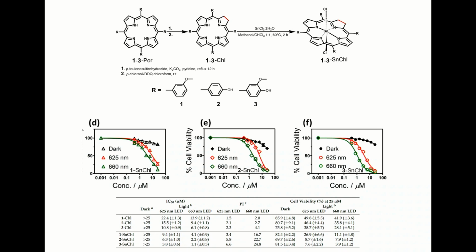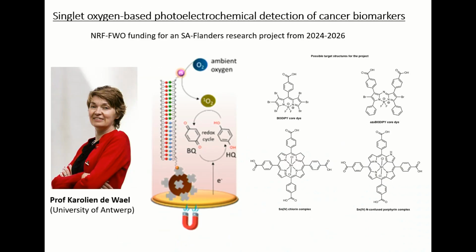So again, molecular modeling helps us to select the dyes that are likely to give us the most suitable properties. So we're not doing it with serendipity, we're doing it with a rational approach.